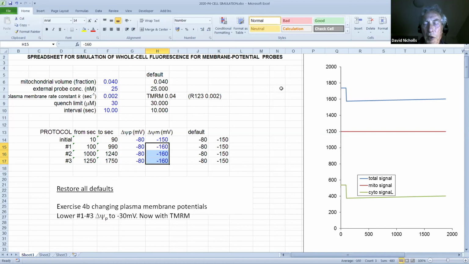I rushed through this a bit yesterday with the excitotoxicity, and I showed you that you could look at a field of cells and work out how many cells are sufficiently healthy to be generating ATP, at least until you added the oligomycin, and how many cells were damaged and only keeping a membrane potential by hydrolyzing glycolytic ATP.